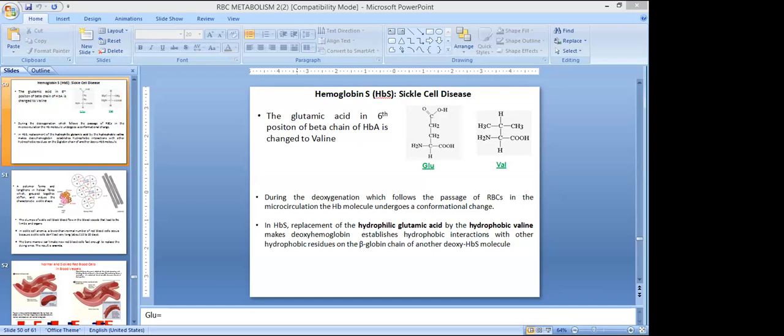Take-home message of RBCs: number one, it doesn't have ribosomes, it doesn't have mitochondria, it doesn't have a nucleus. Number two, it undergoes anaerobic glycolysis. How does it get its glucose?